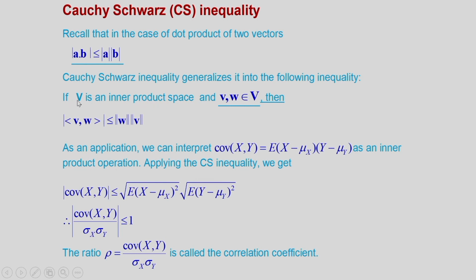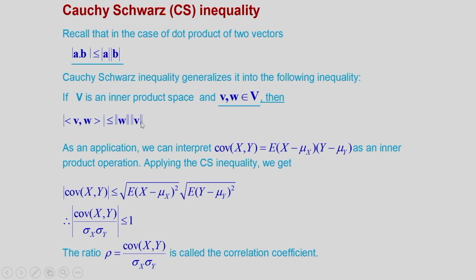If V is an inner product space and small v, w are members of V, then magnitude of the inner product of v and w is less than or equal to norm of w into norm of v.